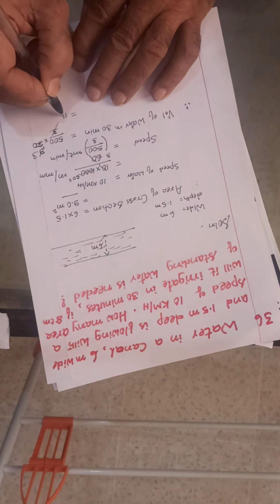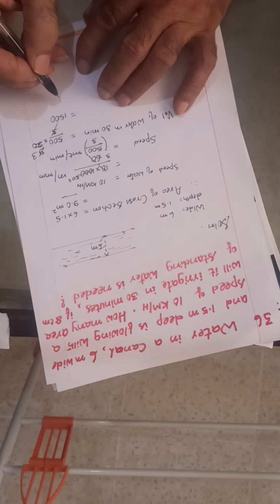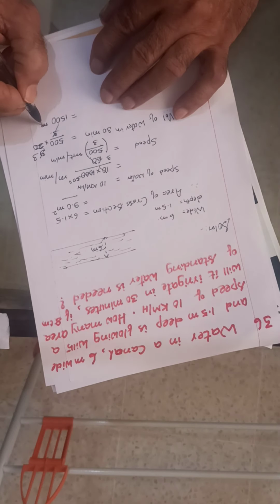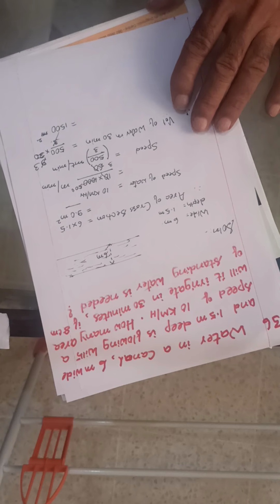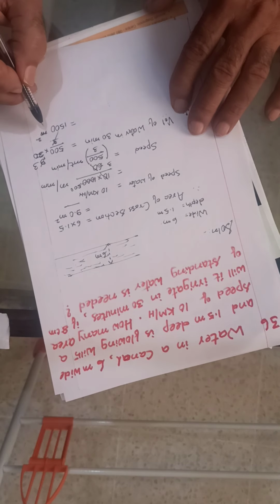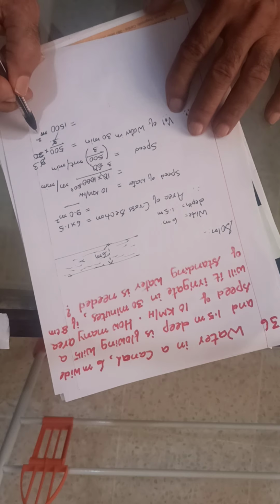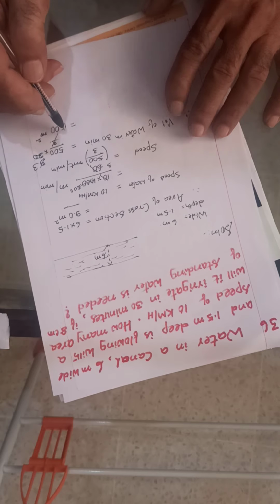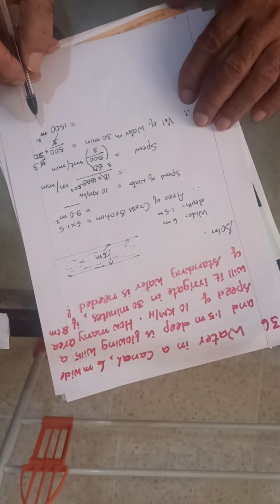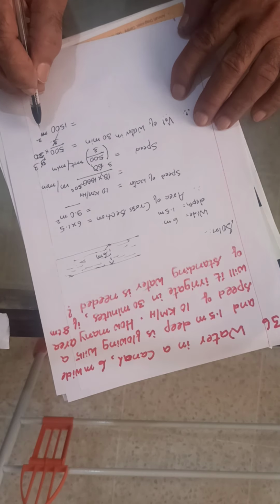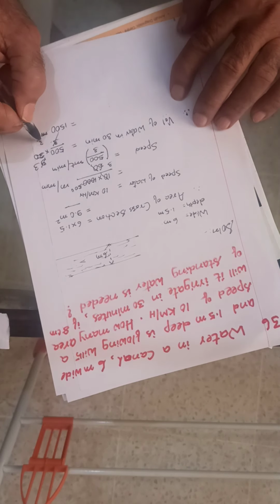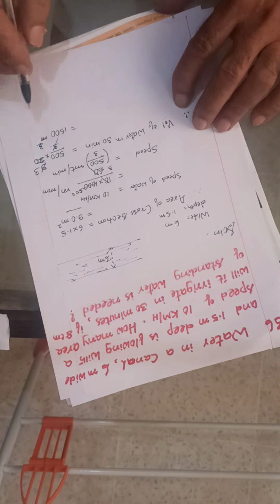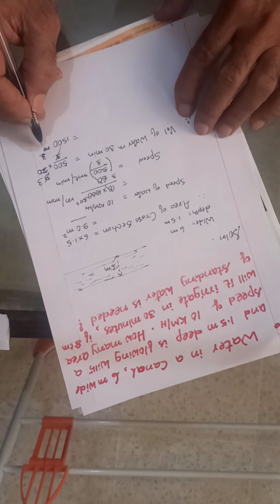This gives you 1500 meter square, this is the amount of water that flows. 500 by 3 into 9 is 1500. In 1 minute it flows 1500 meter cube. This is volume, so you have to write it as meter cube: speed into area of cross section.